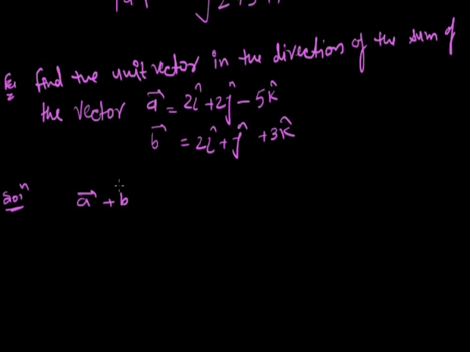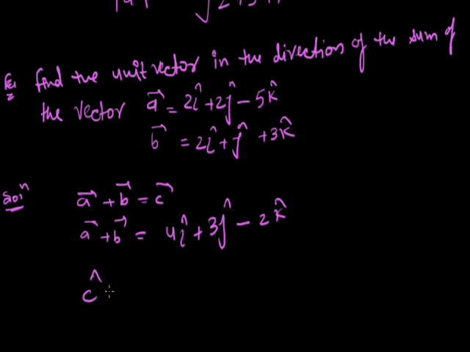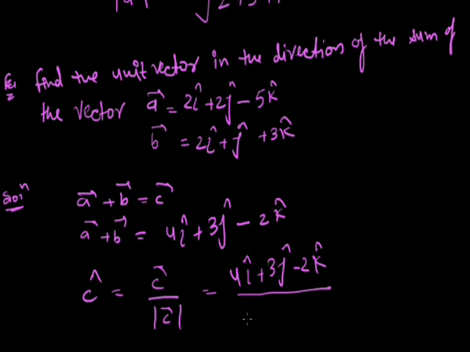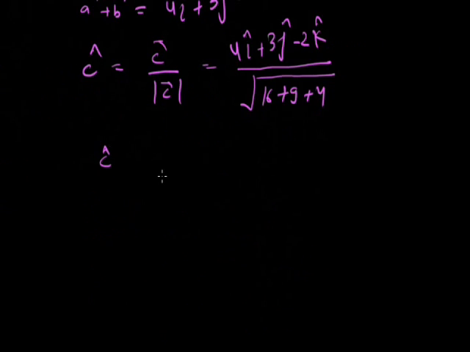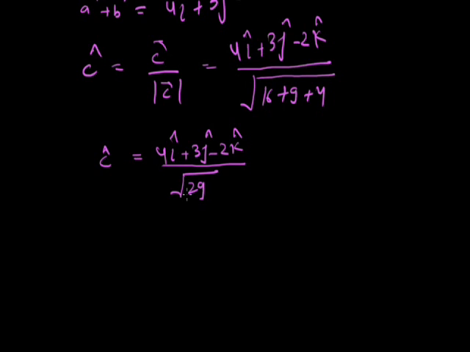Solution: A vector plus B vector equals C vector, which is 4i cap plus 3j cap minus 2k cap. So the unit vector of C is C vector upon the magnitude of C vector, which is 4i cap plus 3j cap minus 2k cap upon under root of 16 plus 9 plus 4. C cap is 4i cap plus 3j cap minus 2k cap upon under root of 29.